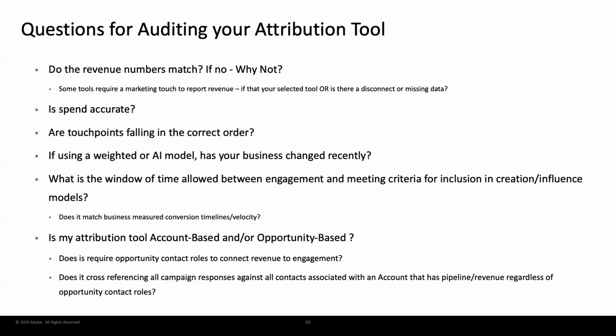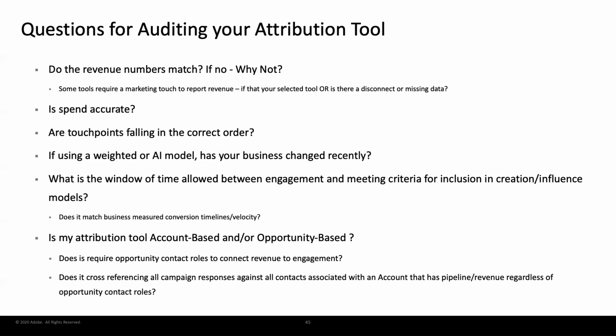So when you're auditing your attribution tool, the first place you want to start is, do the revenue numbers match? And if they don't, why? Some tools require there to be a marketing touch on a person associated with an account that has an opportunity to even show the revenue. So they're only going to show a portion of the total revenue versus what the org is going to report.